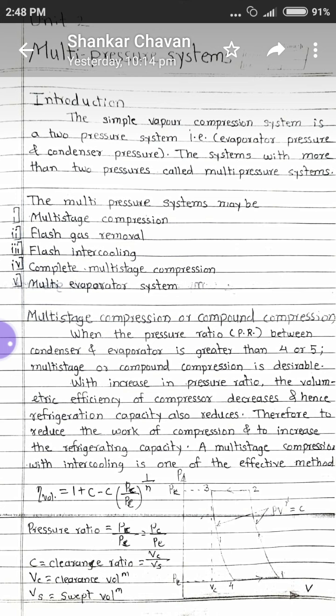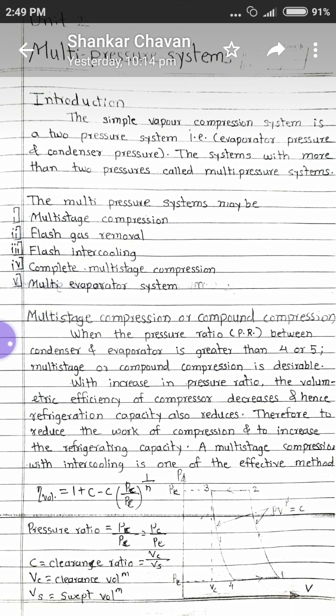COP is always output divided by input. In the case of refrigeration, the output is the refrigeration effect and the input is the compressor work. So as the compressor work decreases, automatically the coefficient of performance increases.